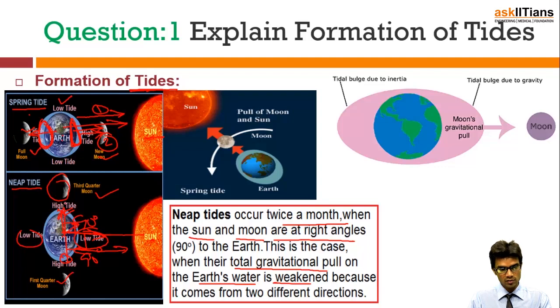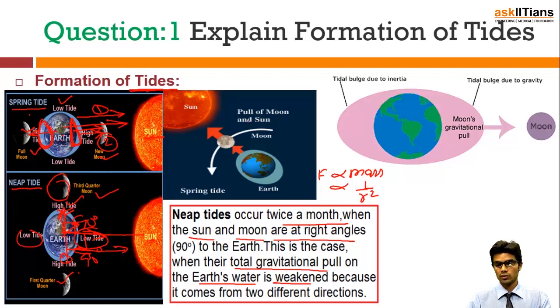Due to a smaller distance, this is a high tide, since force F is directly proportional to mass and inversely proportional to the square of the distance. Here there is a higher distance between the sun and the earth, and the square of the distance is much bigger. So due to this the force will be weaker, and the force due to the moon will be stronger. So this is the reason due to which tides form.